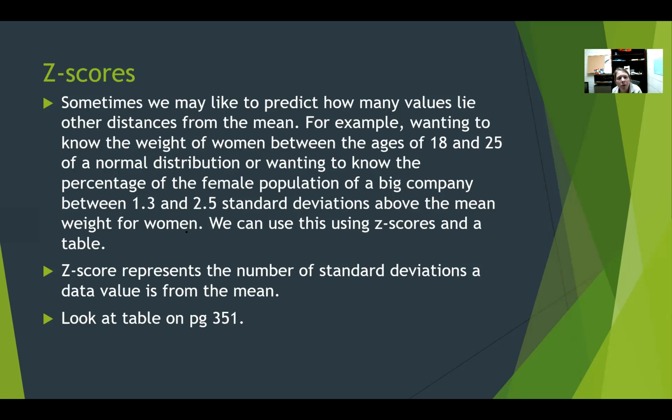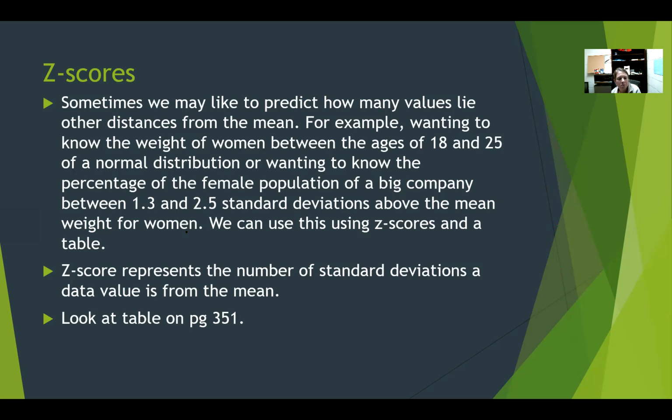All right, so z-scores. Sometimes we like to predict how many values lie, maybe not exactly 1 standard deviation or 2 or 3 standard deviations. So for example, if you want to know the weight of women between the ages of 18 and 25 of a normal distribution, or you want to know the percentage of a female population of a big company between 1.3 and 2.5 standard deviations, we're going to use something called the z-score table, okay?